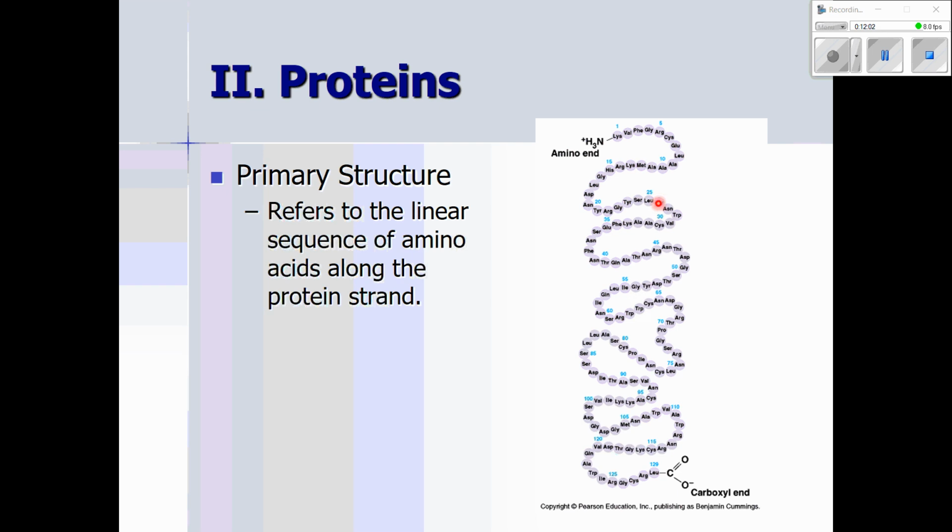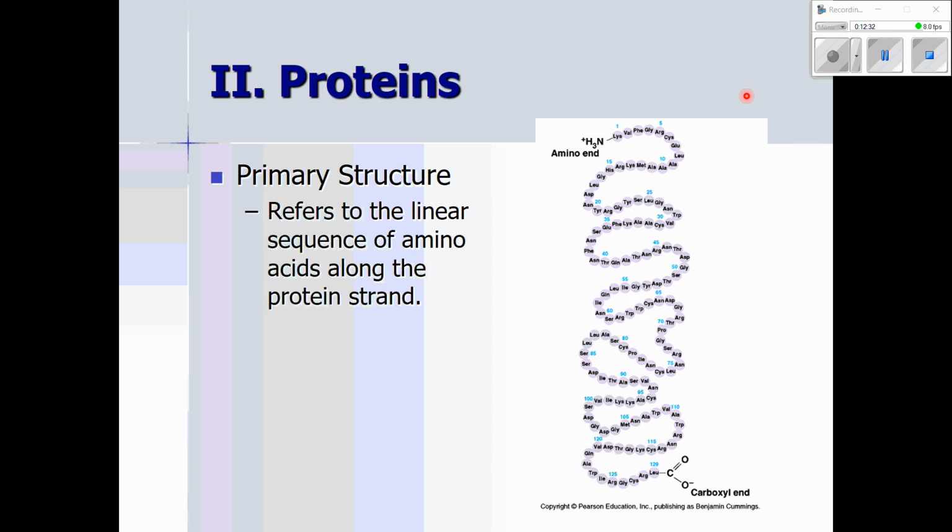So maybe this one has a slight positive charge and this one has a slight negative charge. So those two amino acids, which are pretty far apart, I mean, look at how many amino acids are in between them, probably 10 or 12. They're pretty far apart, but these two might be attracted to each other because of their electrical charge. And so even though they're far apart, they want to get as close together as they can.